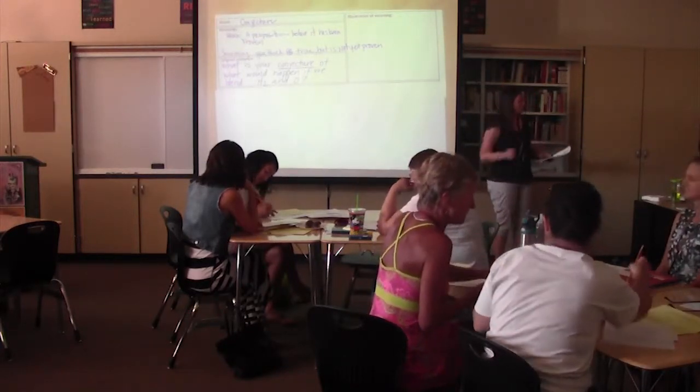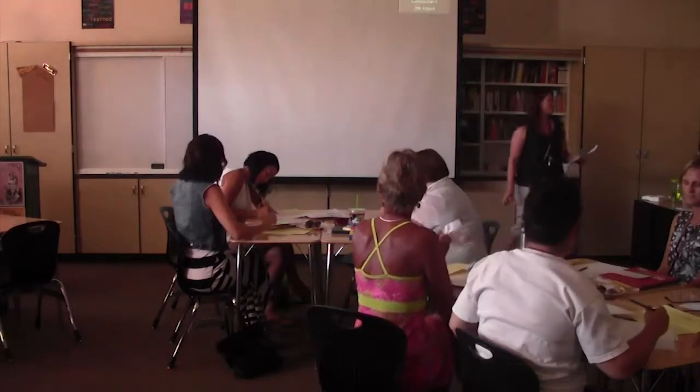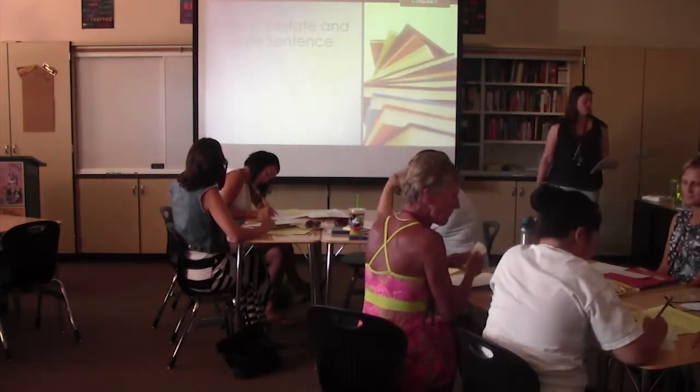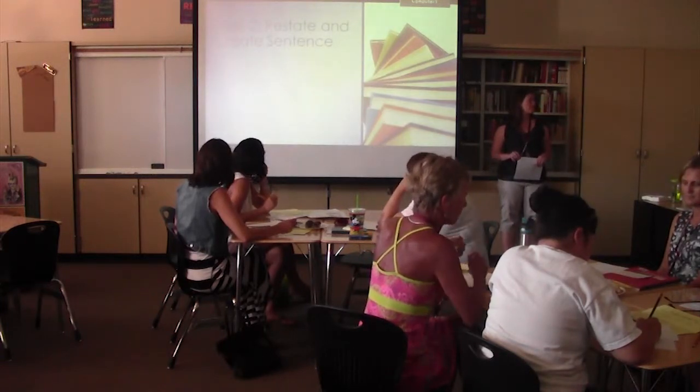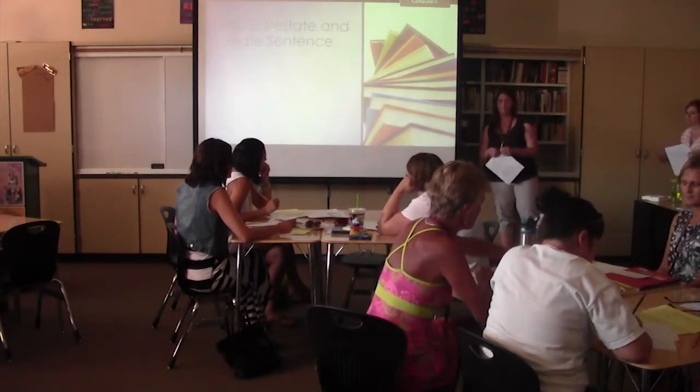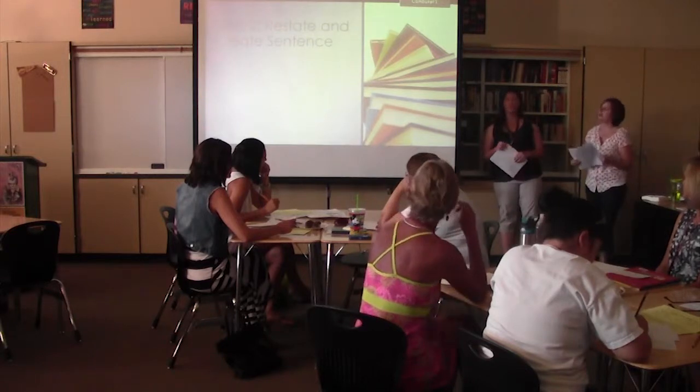Okay, so that's 1, 2, and 3, and as we said, you may be able to do that in one period. You can see that that would not take a tremendous amount of your class period to do.